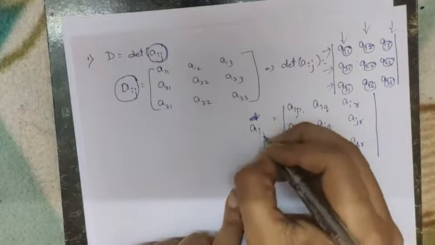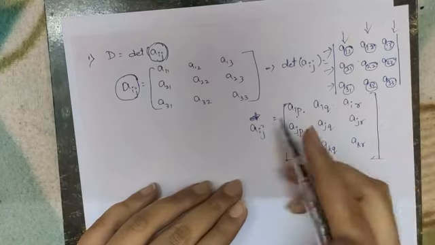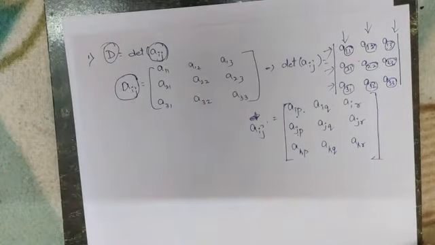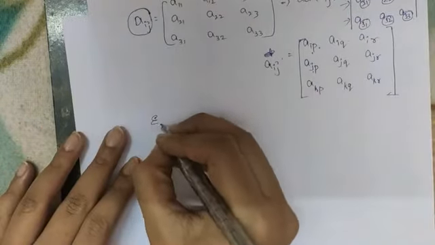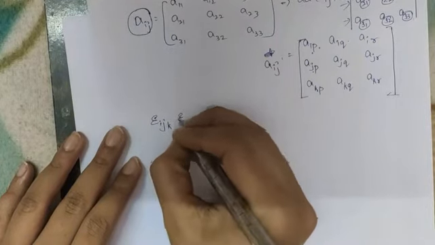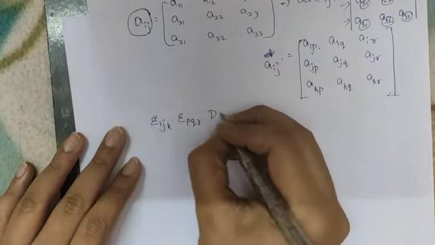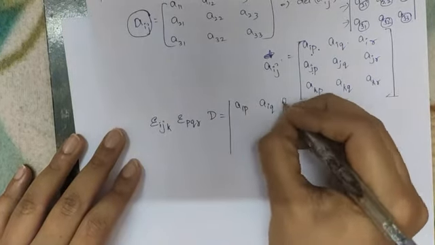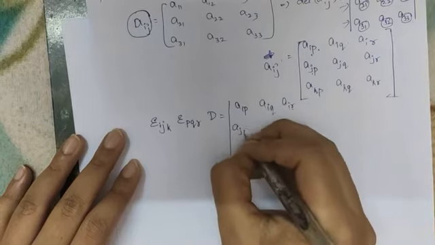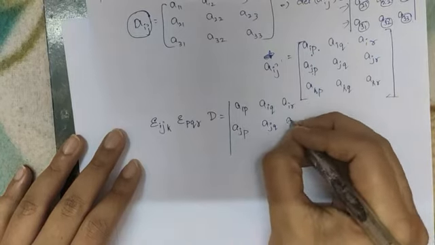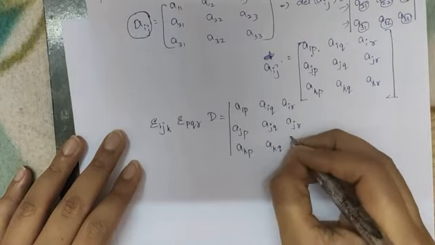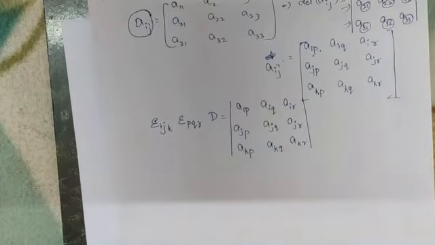In the problem, the determinant of this matrix is equal to some D. We have to verify that epsilon ijk epsilon pqr into D is equal to the determinant of AIP, AIQ, AIR, AJP, AJQ, AJR, AKP, AKQ, AKR. This is what we have to verify.